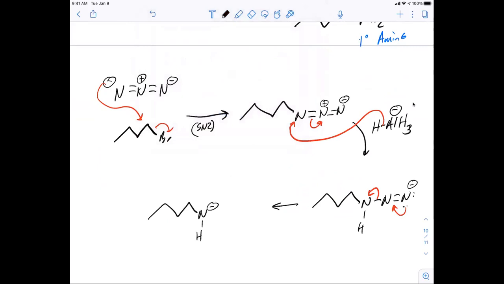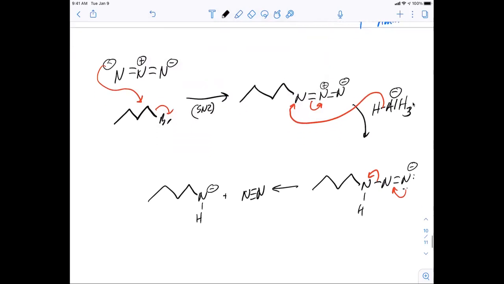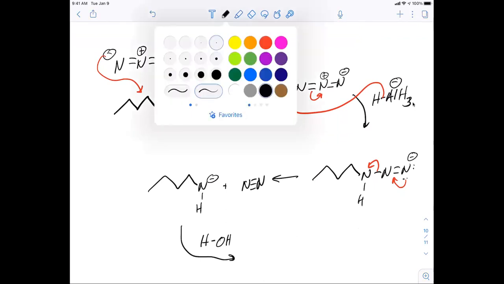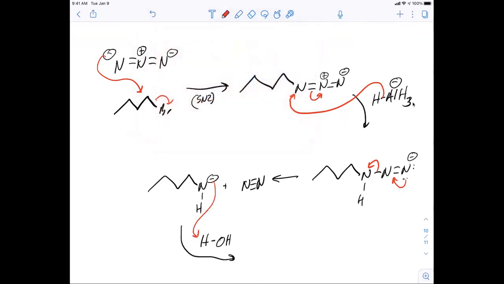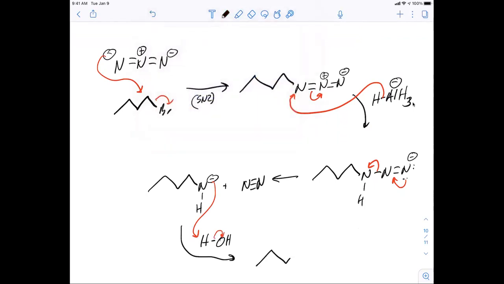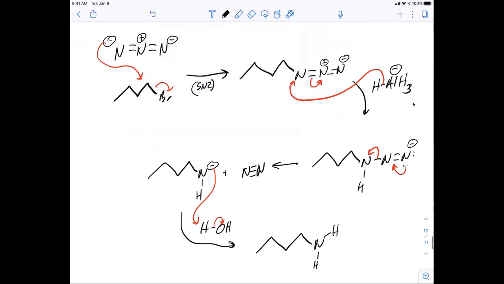Gives me this negative plus then nitrogen N2. And then the last step is the proton from the water, to give us the primary amine.